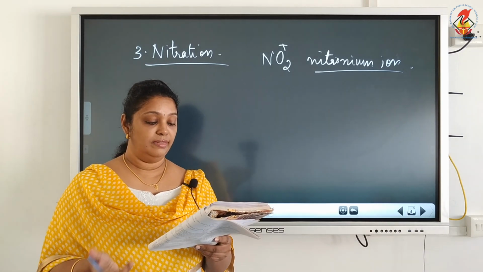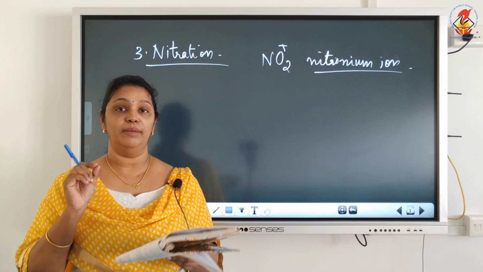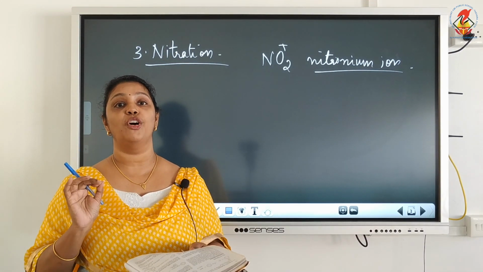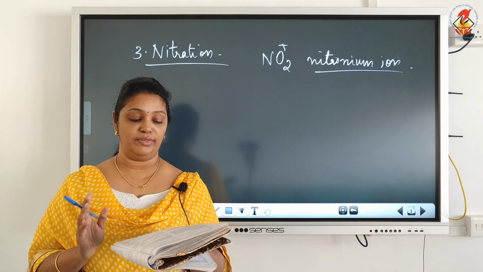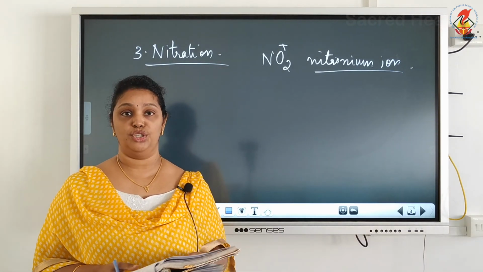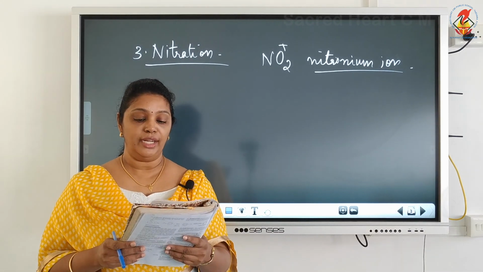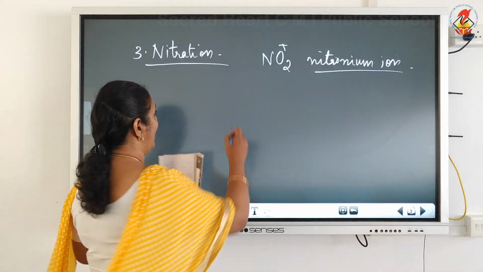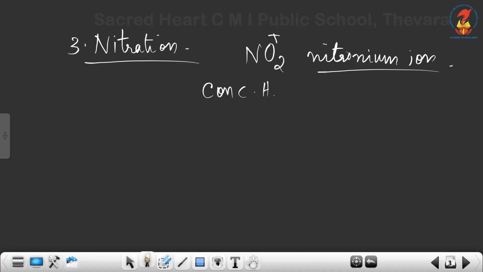Nitration is done when benzene is treated or heated with a mixture of concentrated nitric acid and concentrated sulfuric acid, which we call the nitrating mixture. So here we are using concentrated nitric acid and concentrated sulfuric acid.